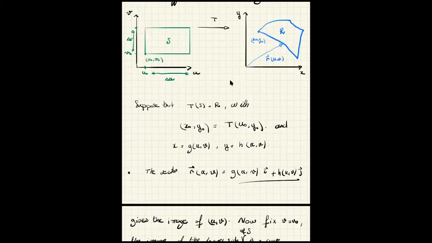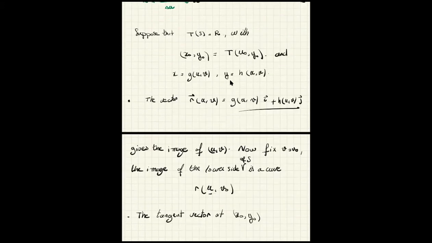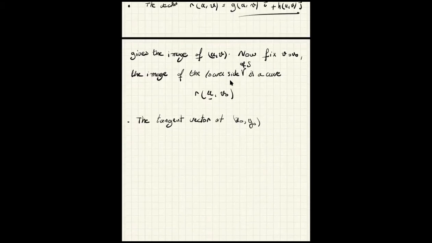This curve here. So now, what is the tangent vector at this point here? Tangent vector at this point here is r_u. You know how to do this. It's del u of g when u is, right?